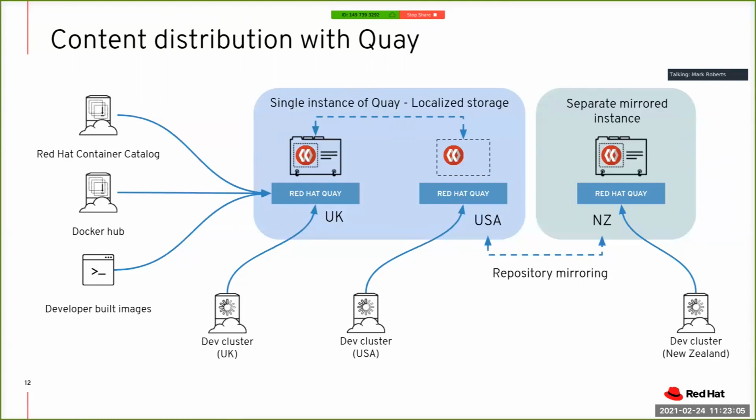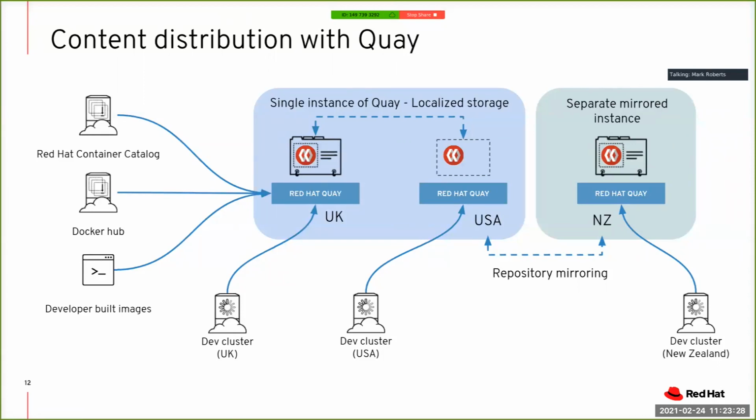But to accelerate the deployment of assets, we might have thousands and thousands of images to be consumed by our team in the US. So what we've done there is we have created a localized storage set of content within the US. And that allows us to effectively create a cache of content in the US.